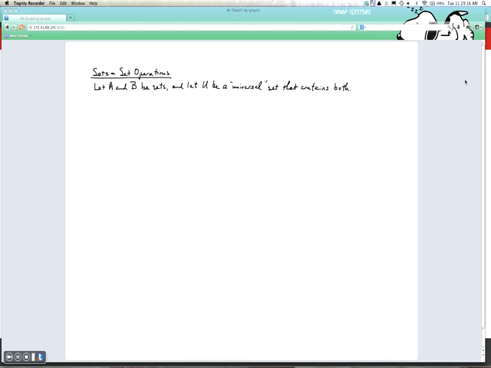Now, I might as well go through and talk a little bit about notation here. What we mean by this is that A is a subset of U and B is a subset of U. Okay, just to kind of flash up the notation.